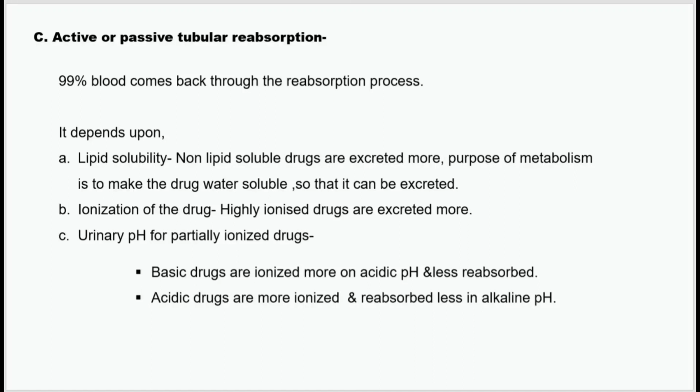Highly ionized drugs are excreted more, meaning that the higher the ionization, the more the drug is excreted. C. Urinary pH for partially ionized drugs. Basic drugs are more ionized at acidic pH and have less reabsorption. Acidic drugs are more ionized and have less reabsorption at alkaline pH. This process occurs after the glomerular filtration of drugs. Reabsorption results in an increase in the half-life of the drug.